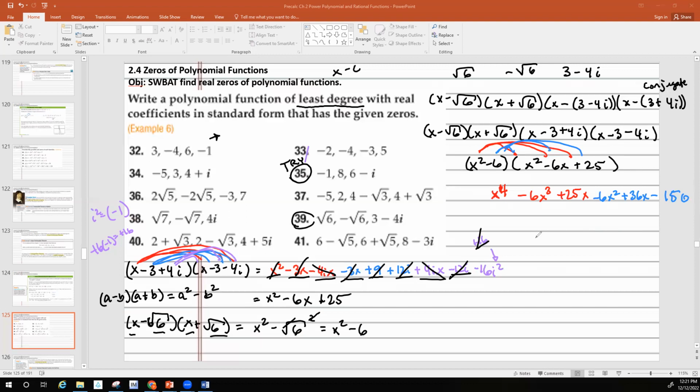6 quarters makes $1.50. All right, and combine like terms. Yeah, x to the fourth. And x cubed. That's it? Okay. So negative 6x cubed. And 25x squared. Oh, sorry, this should be a 25x squared.